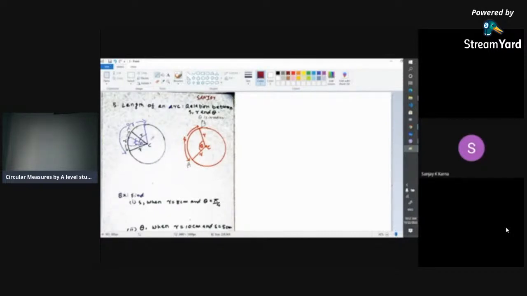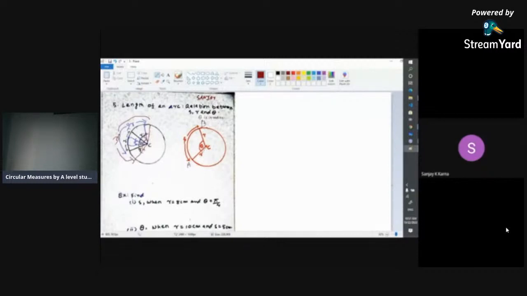Suppose that instead of 1 radian, now your angle is 3 radian, for example. In that case, what happens to the arc length? It will also get increased by 3 times. So the value of this arc length will be 3r when the angle subtended at the center becomes 3 radian.